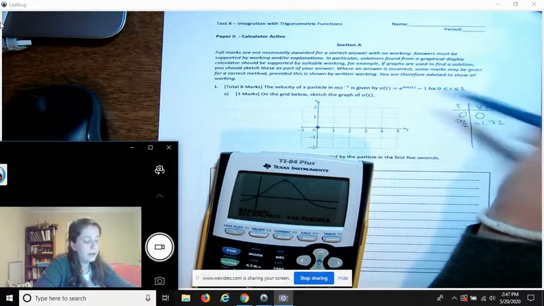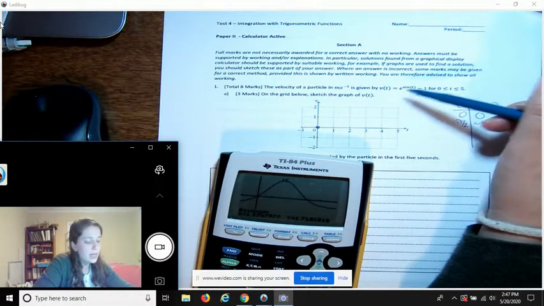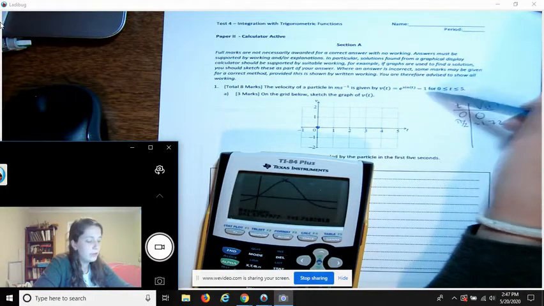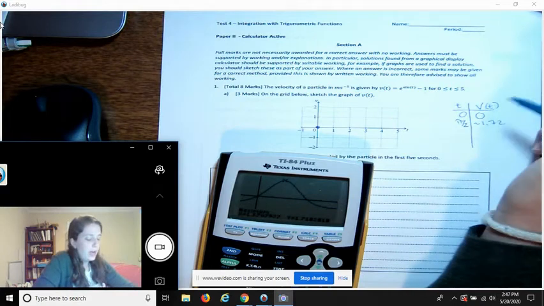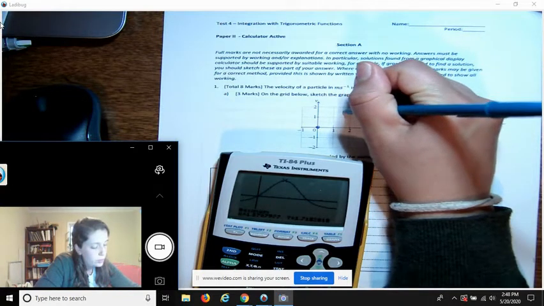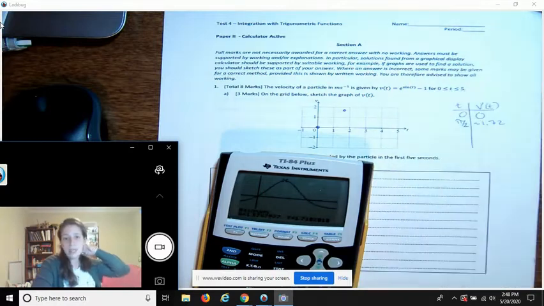The sine of pi over 2 is 1. And so it's e minus 1 as our value for this right here. But you don't have to know that. You can just go a little bit more than 1.5 and then up to almost 2 and put a point. And this is where our maximum is going to be.